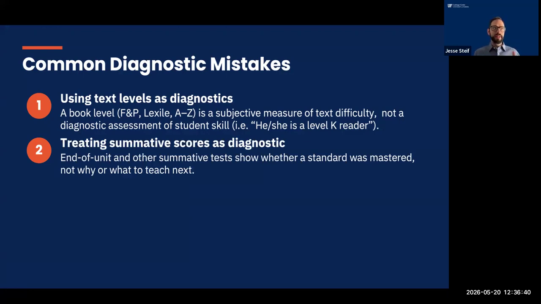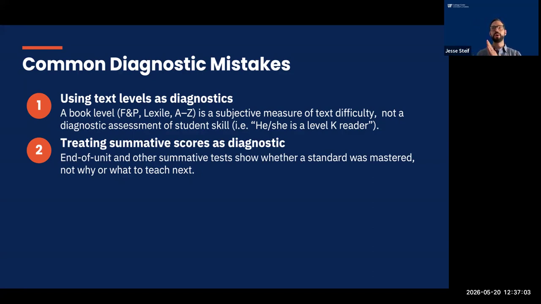Another mistake is treating summative scores or outcome assessments as diagnostic. So looking at an end of unit comprehension test, a 10 question multiple choice, or another kind of summative test, they measure standards, and some of them measure standards mastery really well.